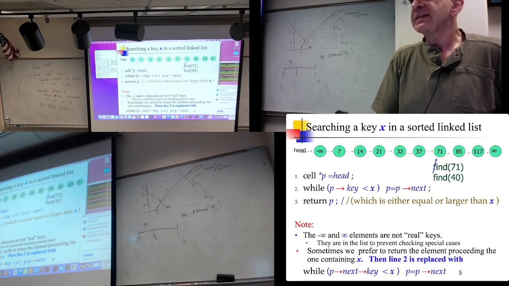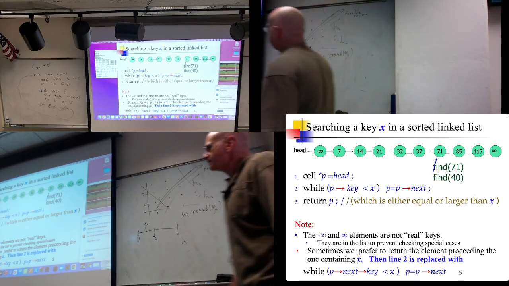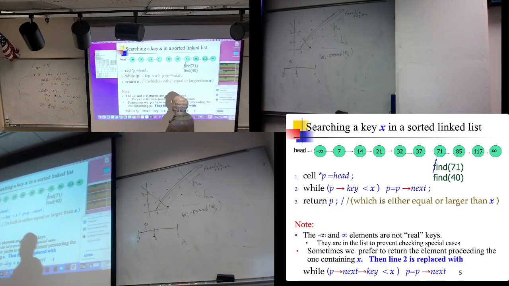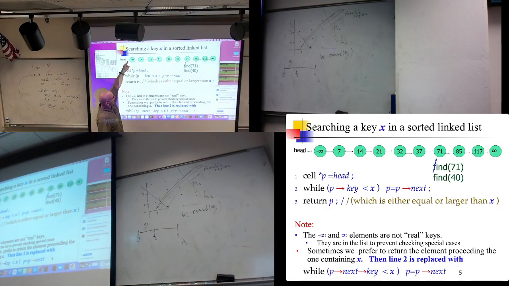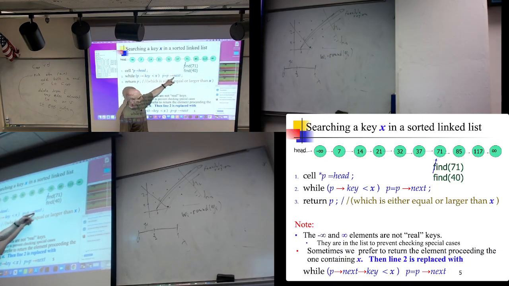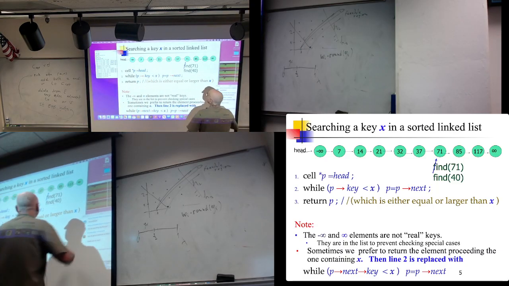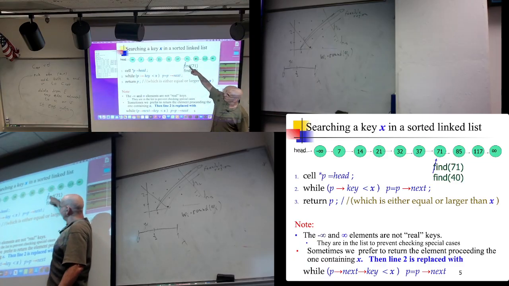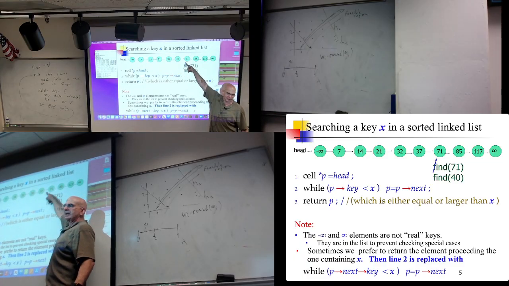How do I search for an element if I have a sorted list? I'll start from the beginning. P will point to the head, and as long as the key of the element I'm pointing to is smaller than whatever I'm looking for, do P equals P next. And then there is a question: do you want to stop when you hit X, or do you want to stop one element before X?